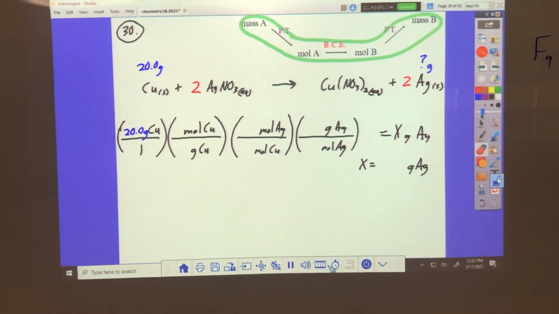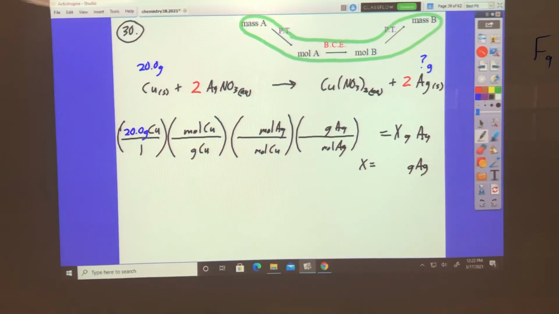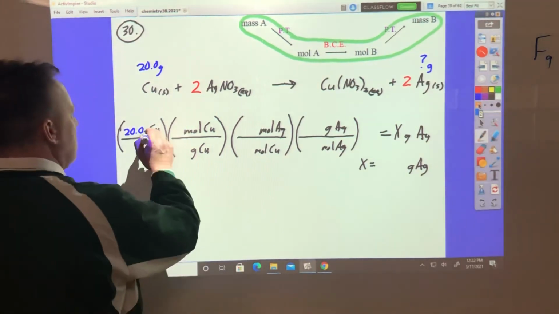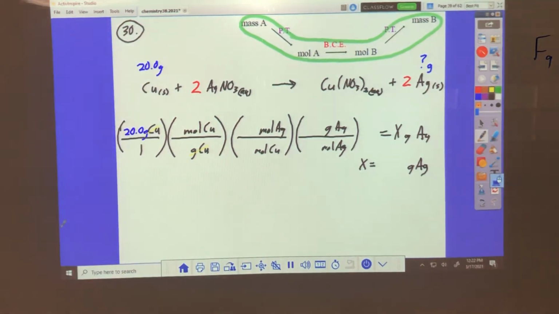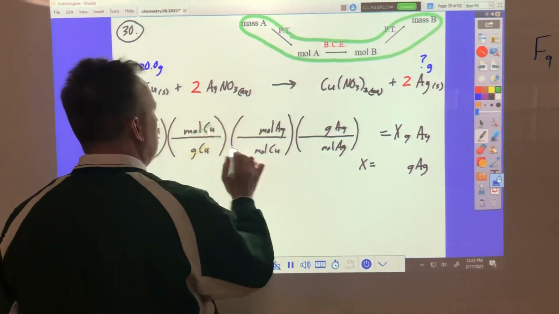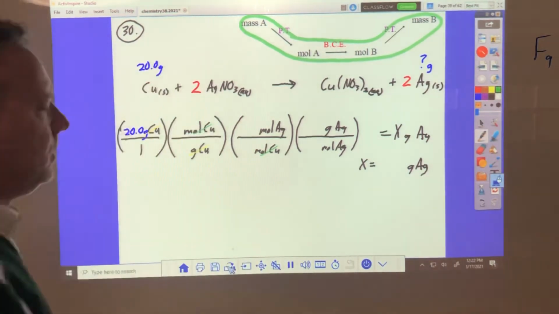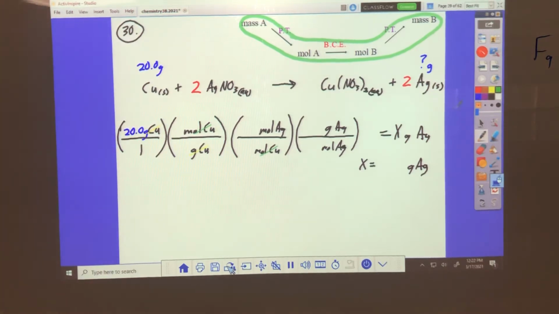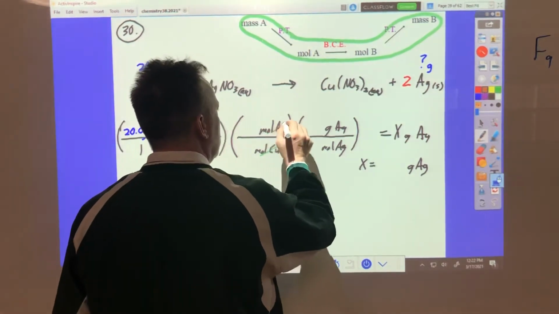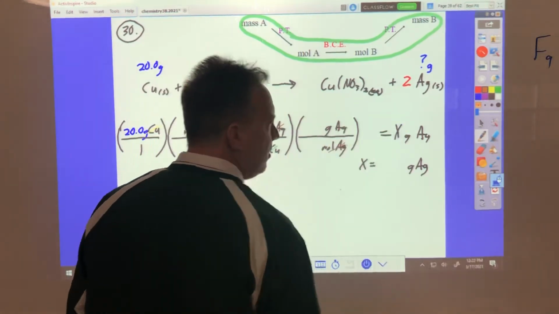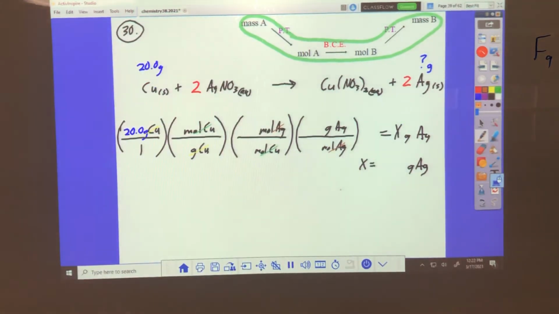Okay, now we can go ahead and cancel things out. Grams copper cancels grams copper. Moles copper cancels moles copper. Moles silver cancels moles silver, and we're left with grams silver, so we can be very confident, as long as we get our numbers in here right, it's going to be correct.